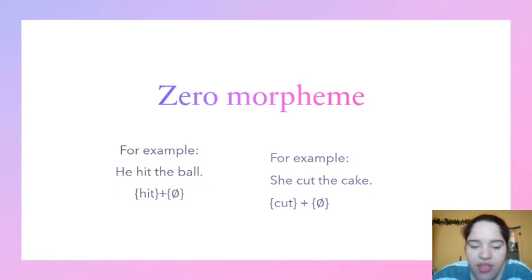In this case, we use cut plus this symbol, which means that there is nothing here. We cannot add an ed because it is wrong. So these symbols we use to identify that here there is nothing, or the zero morpheme.